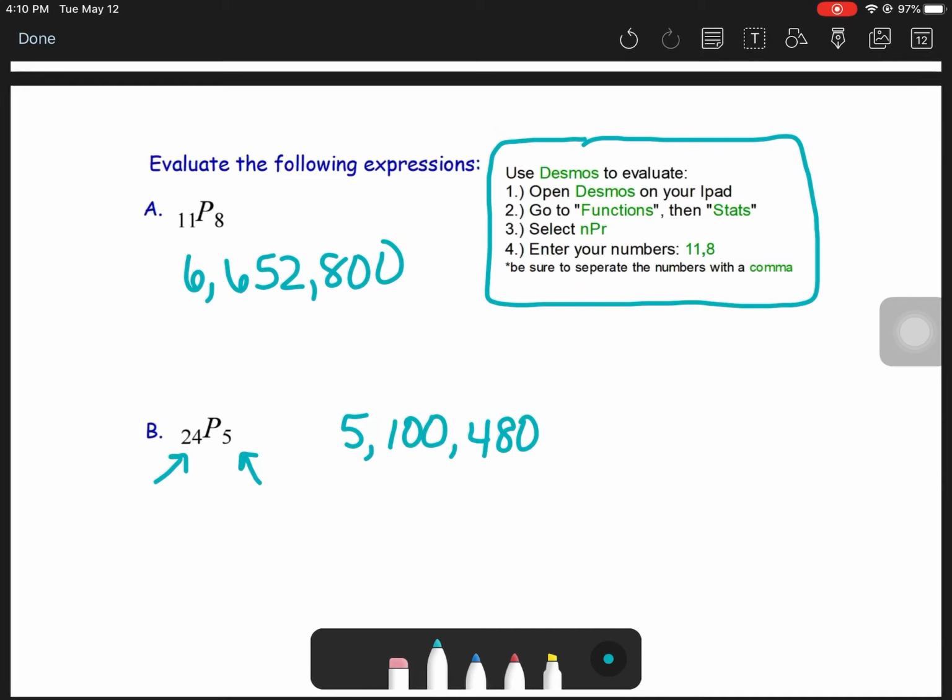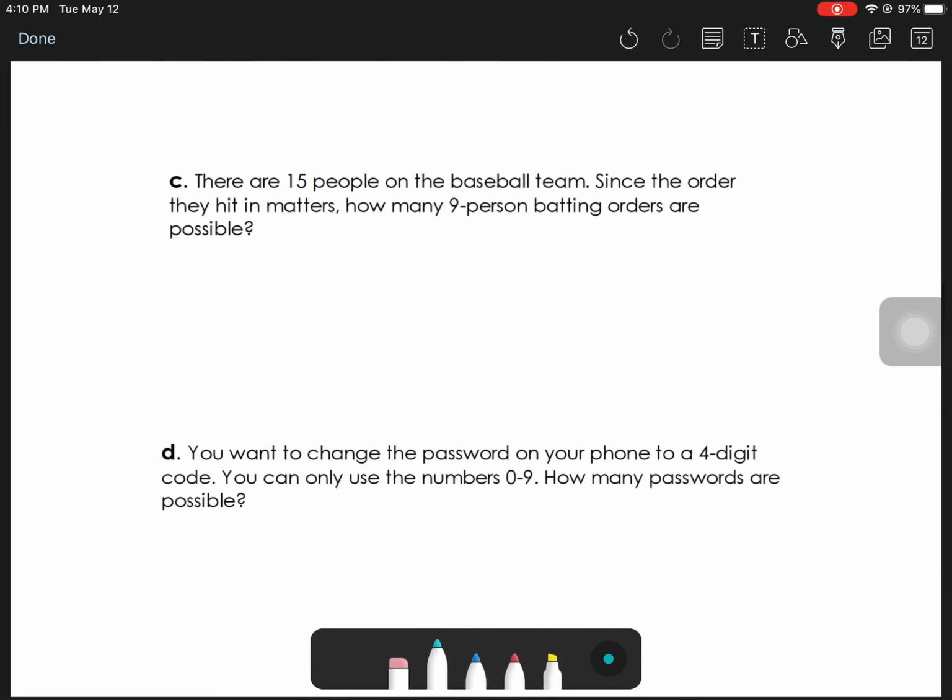How will we use this now in a situation? There are 15 people on a baseball team. Since the order they hit in matters, so order matters, we're going to use a permutation. And we have 15 people, and we are going to pick 9 for our batting order.